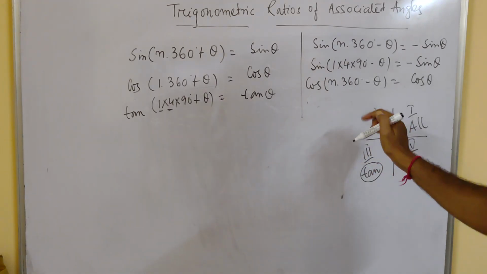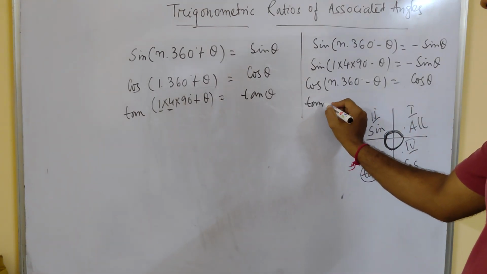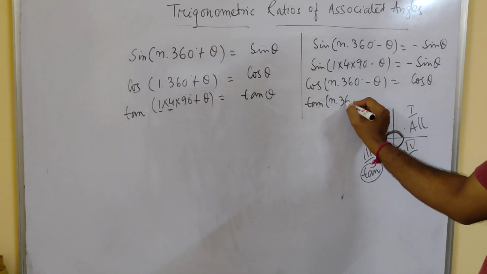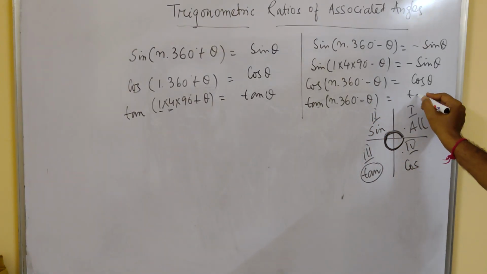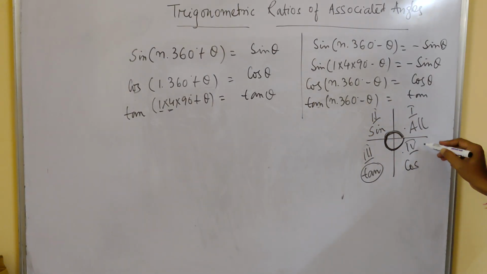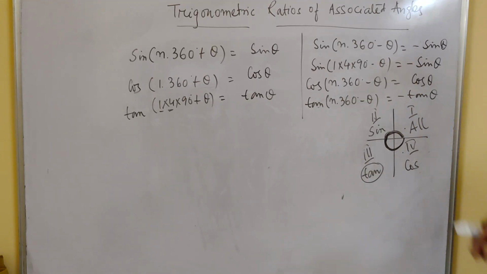Similarly for tan, n into 360 minus theta, it is even number, so it is tan, and it is in the fourth quadrant, so it is minus tan theta.